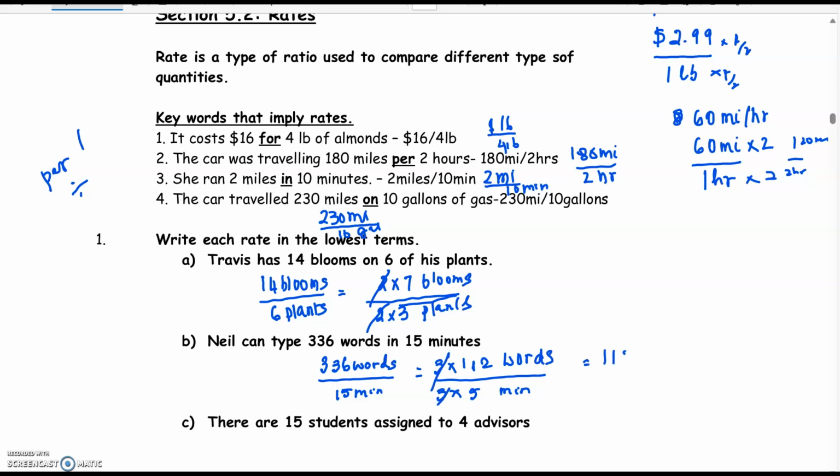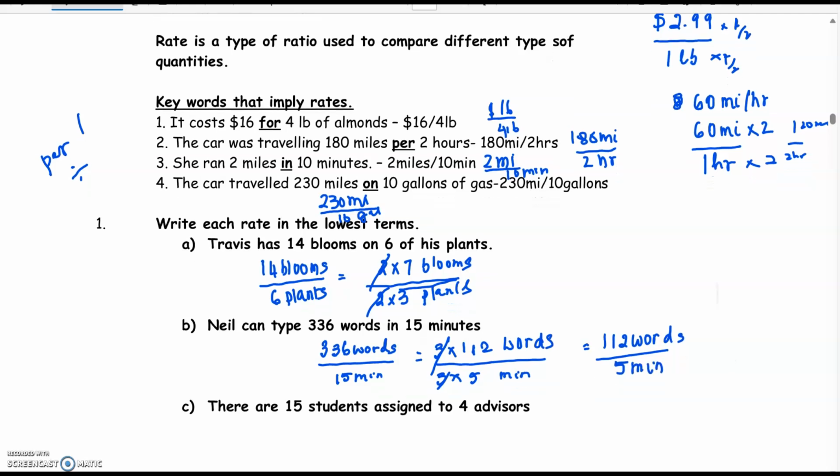So it's 112 words per 5 minutes. So that's a rate.